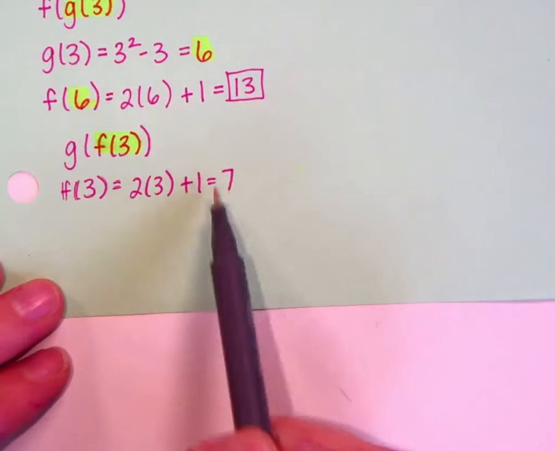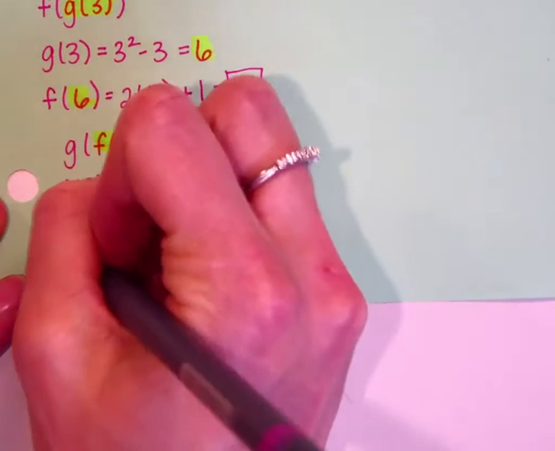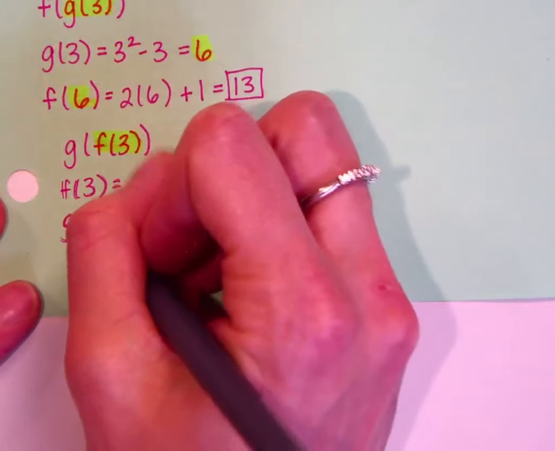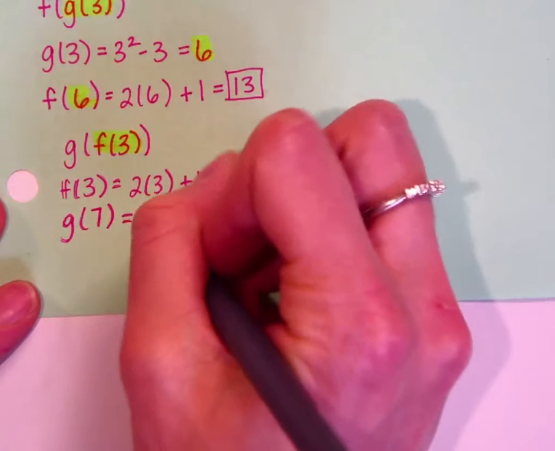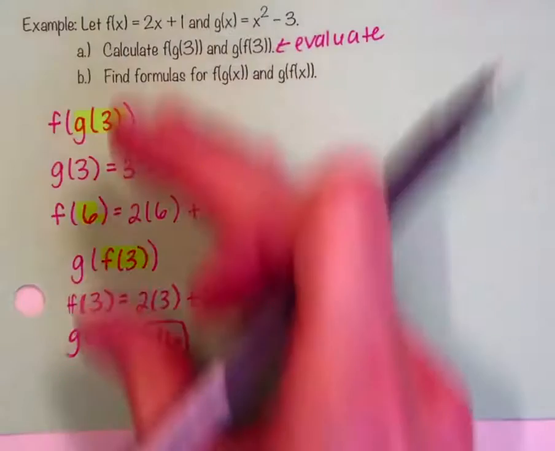And then if I'm doing that, Kat, what do I do with the 7? You take the 7 and plug it into g of x, which would be 7 squared minus 3. Perfect. Which is 46. Very good. Okay. Does anybody have any questions about this part?